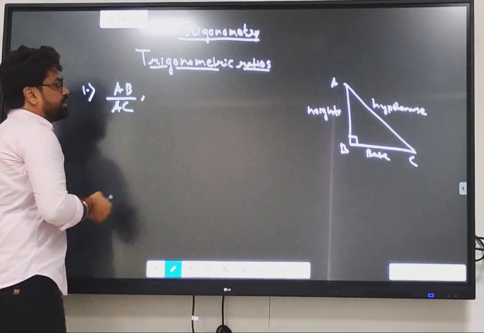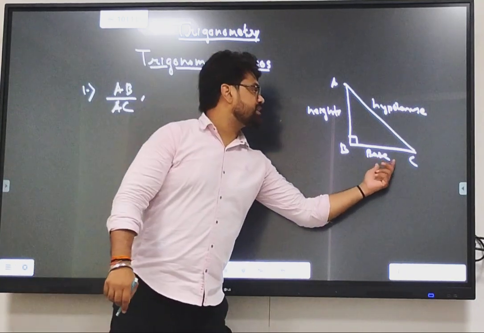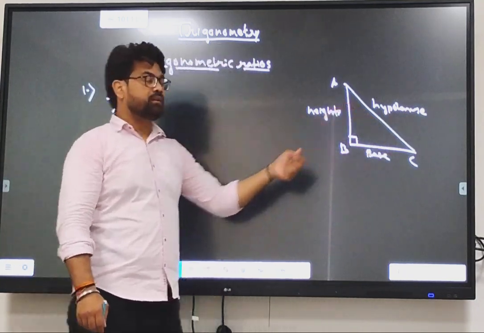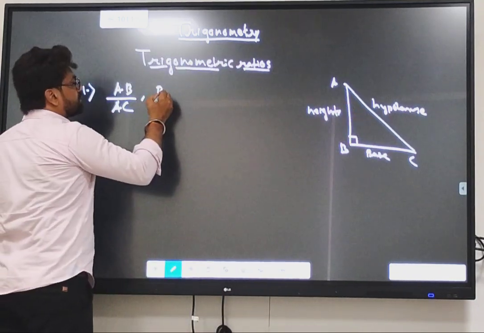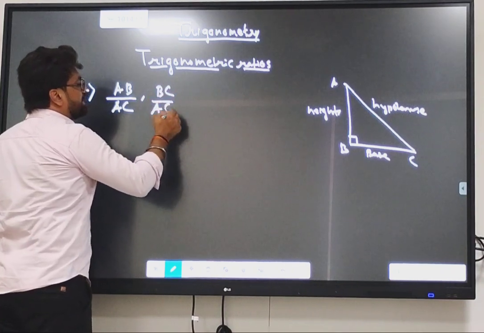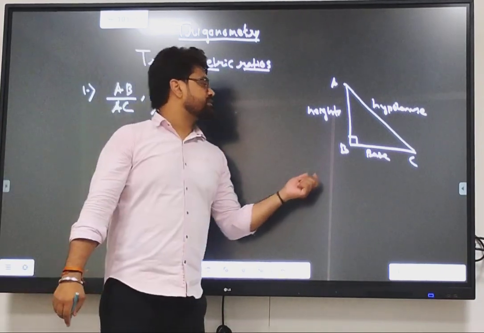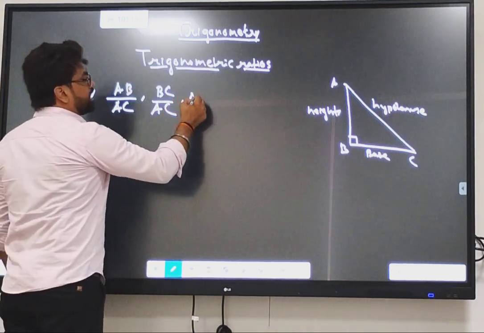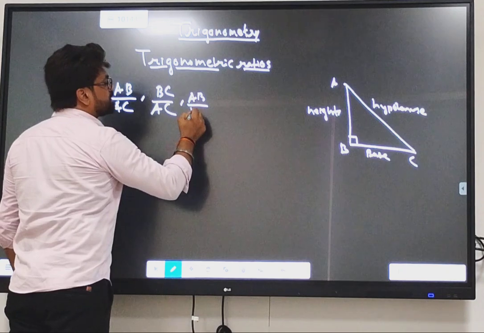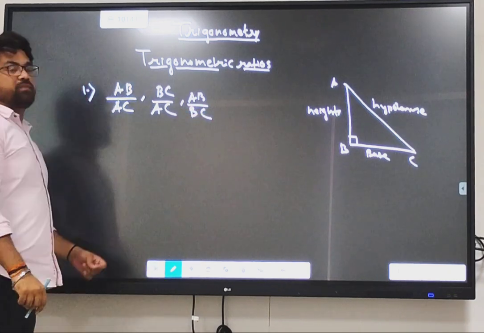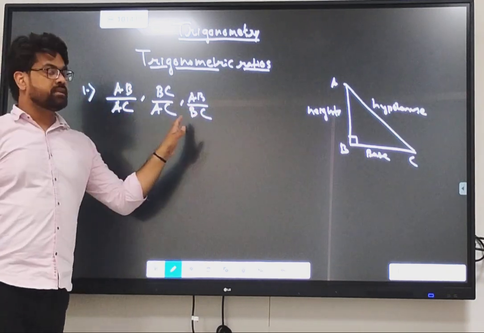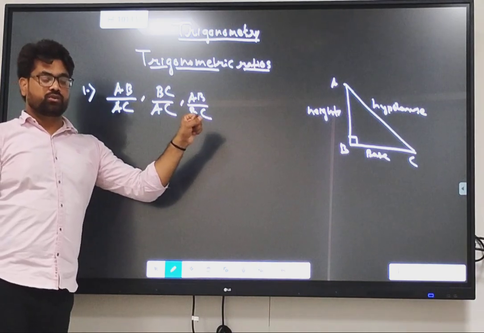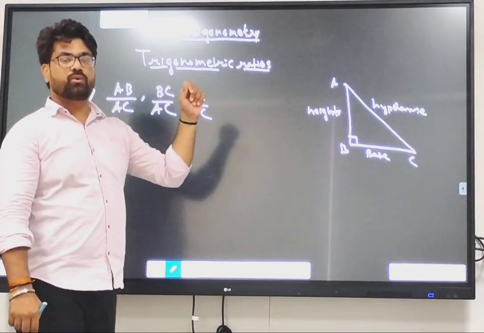Next ratio, what can be written? That is base upon hypotenuse, BC upon AC. And next is height upon base, that is AB upon BC. Okay. So with the help of these three sides, I can write these three ratios. So can we have any other ratios also?